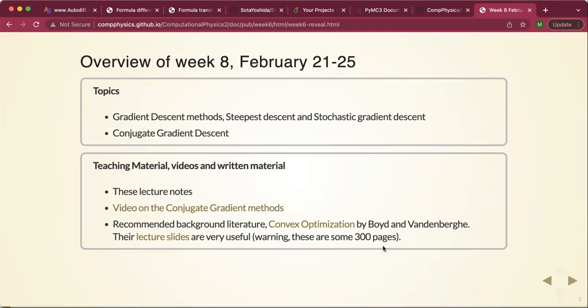This is an excellent set of lectures. So if you wish to dive a little bit deeper into the field of convex optimization, this is a very good starting point. There's also a video on the conjugate gradient methods, which is one of the standard basic methods for finding, let's say, the root of functions.